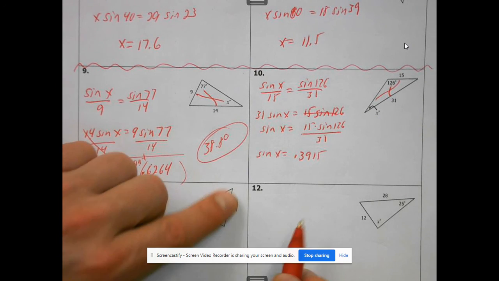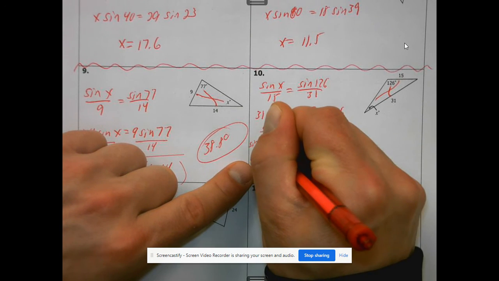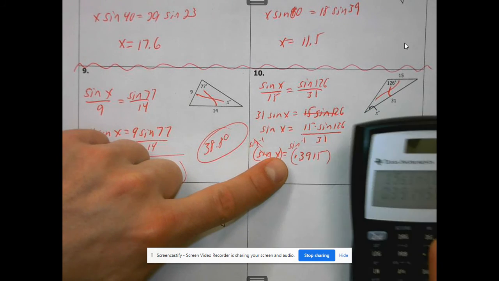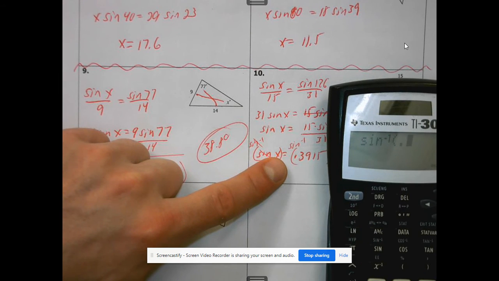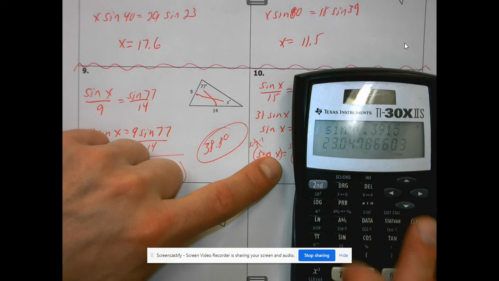Second sine, inverse sine, both spots. Left side, they cancel. So just type in second sine of 0.3915. Answer is 23 degrees.